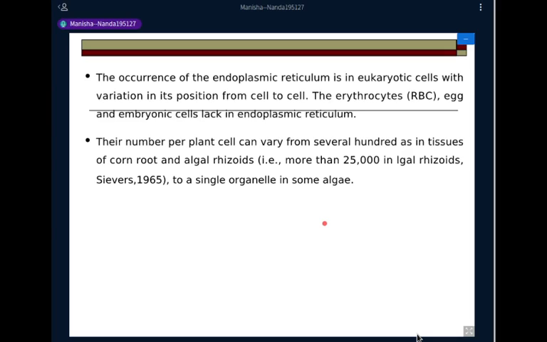The extent to which they synthesize proteins, how active or how less active they are, matters in terms of the occurrence of the endoplasmic reticulum, to which part of the cell they are going to be located, what is going to be their position and especially their number. So they are seen more in cells which readily or actively synthesize proteins from time to time.